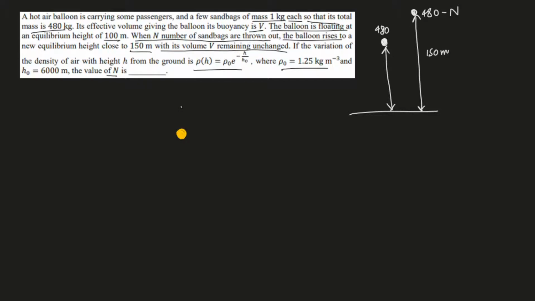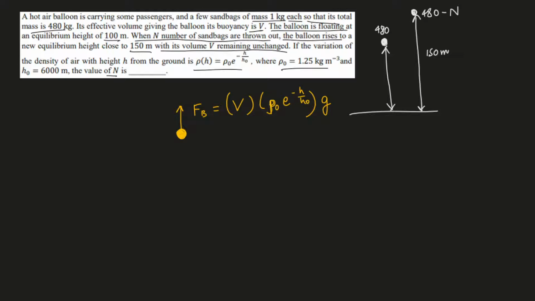The buoyancy force exerted on this thing, let's say V is negligible in comparison to the variation of the density of air, is equal to the volume of the air displaced, V, multiplied by the density of the air displaced, rho, which is rho naught e to the power minus h by h naught. This is the mass of the air displaced, by the way, multiplied by g.